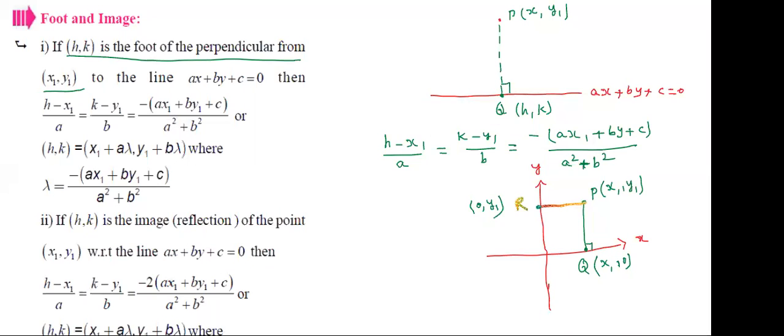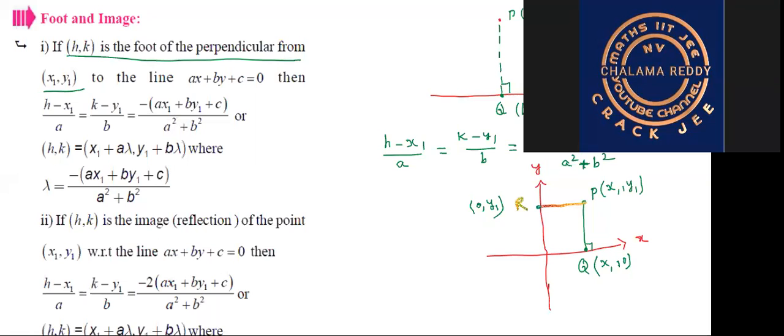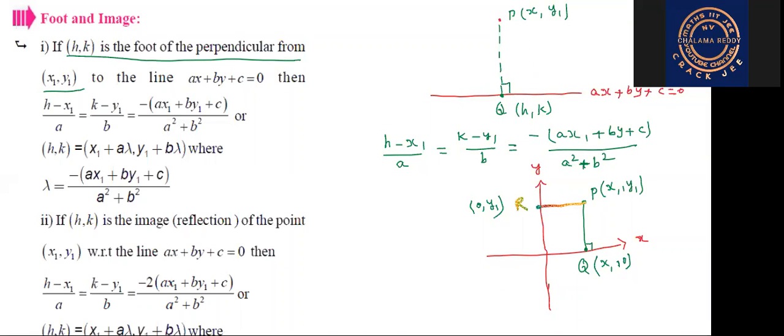So the foot of the perpendicular from P to the x-axis is x1 comma 0, and to the y-axis is 0 comma y1.